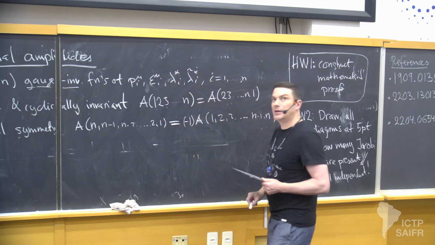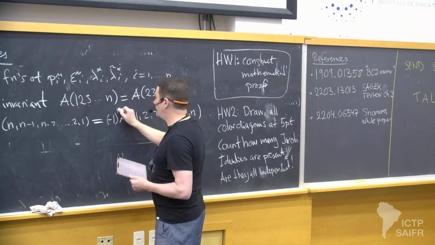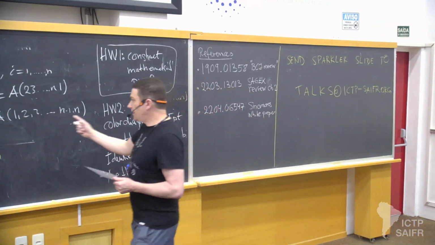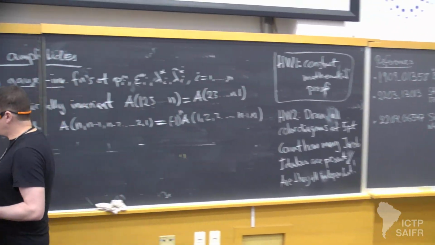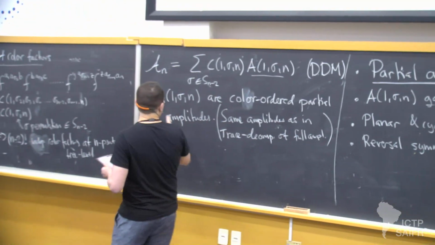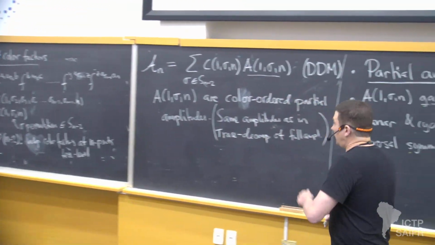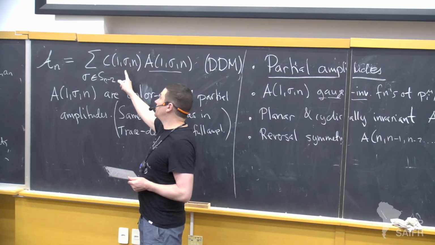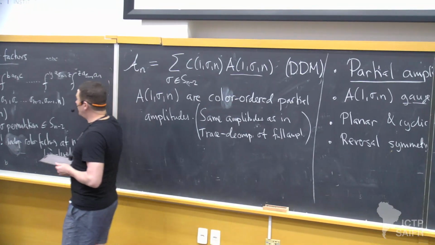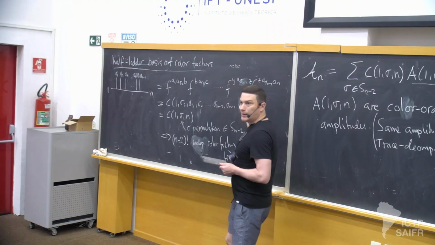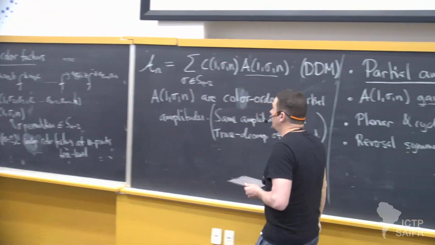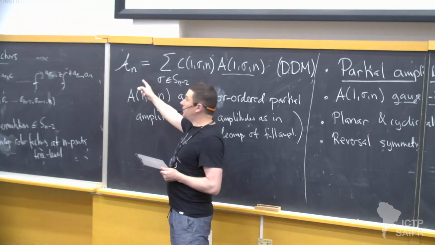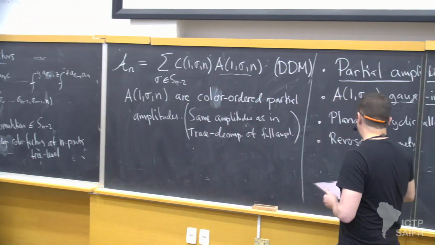The minus sign depends on how many particles you have. If I have an odd number of particles, that's a minus sign. And this reflection symmetry, I think, is fairly easy to see from this formula, because the color factor actually has the same reflection symmetry. If I wrote it in the reversed order, it would be the same up to a minus sign. And since the full amplitude has to be fully Bose symmetric, it follows that this has to have that reflection symmetry.